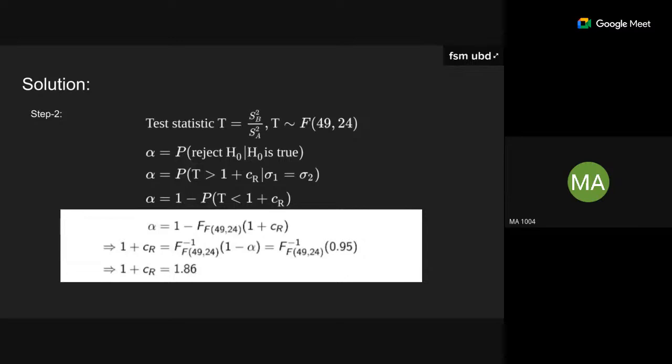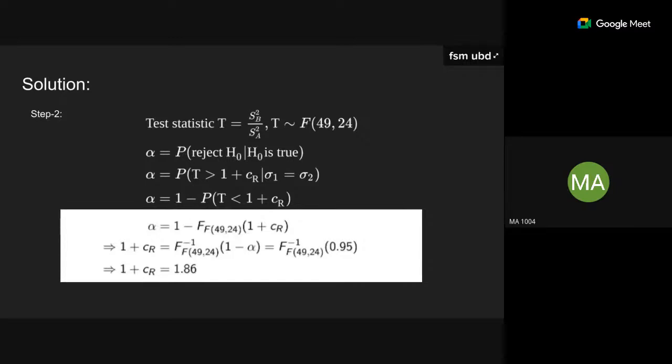Now when sigma 1 is equal to sigma 2, I know how to write this F distribution, F49 comma 24. So that can be written as alpha equals 1 minus the probability that T is less than 1 plus CR.